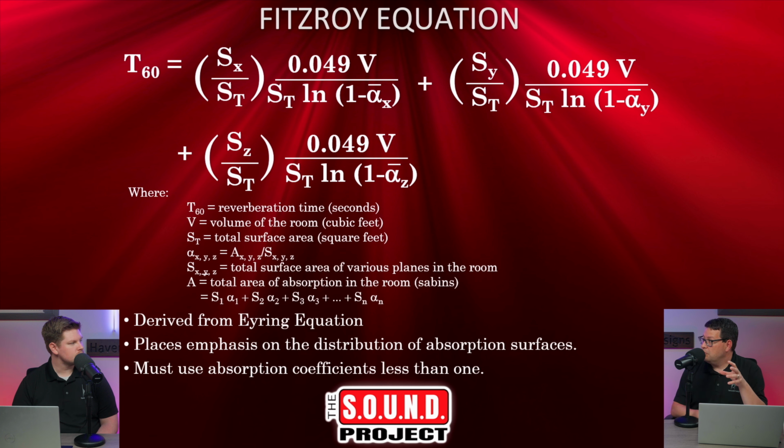That's where the Fitzroy equation really helps, because all of that absorption is kind of skewed on the z-axis, the floor and ceiling, and that's going to be a lot different than what the Sabin equation is going to come out to be. And a lot of it is a little bit of experimentation and working with reverb time simulations and calculations and testing data.